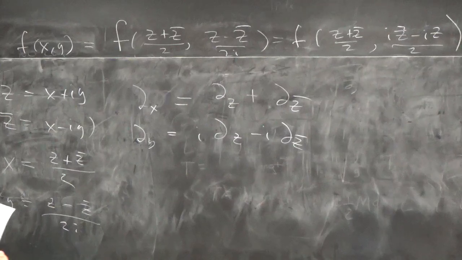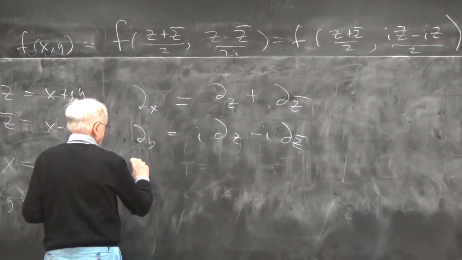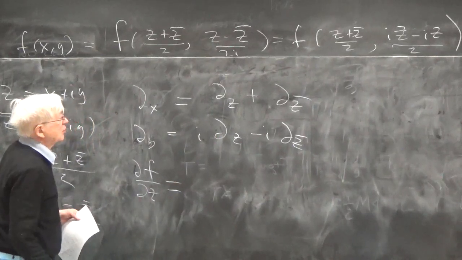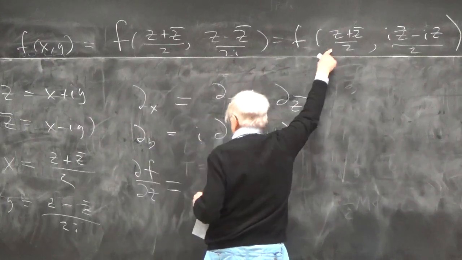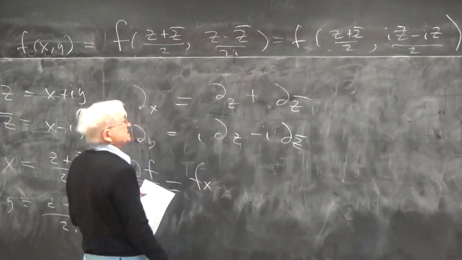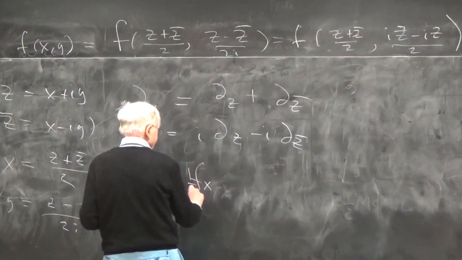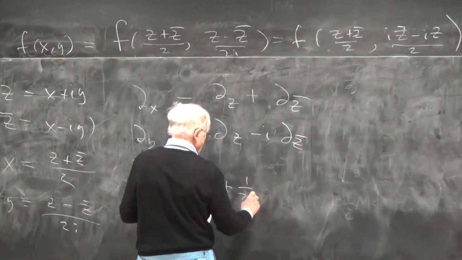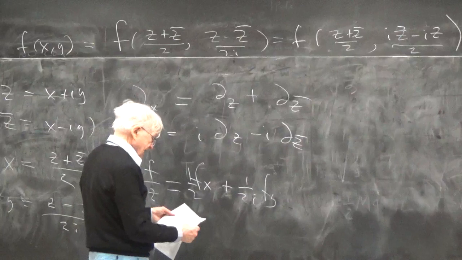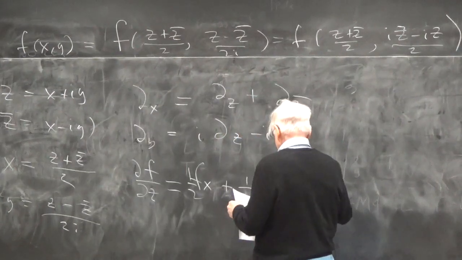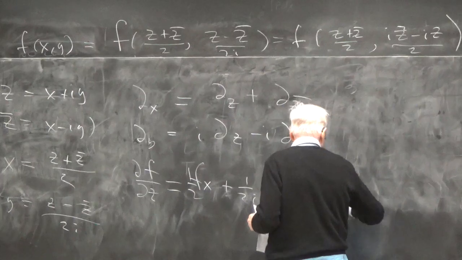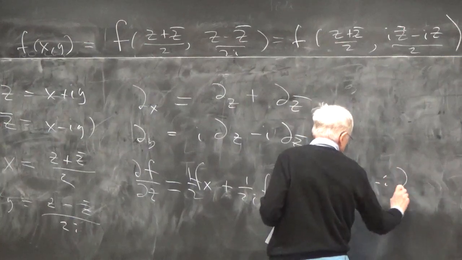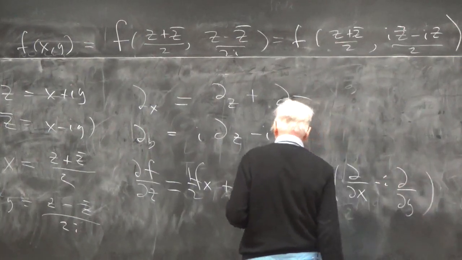And if we're differentiating f with respect to z, say, then what is it? Well, it's the derivative of f with respect to x times 1/2 plus 1 over 2i times the derivative with respect to y. Or equivalently, it's 1/2 partial x minus i partial y times f.